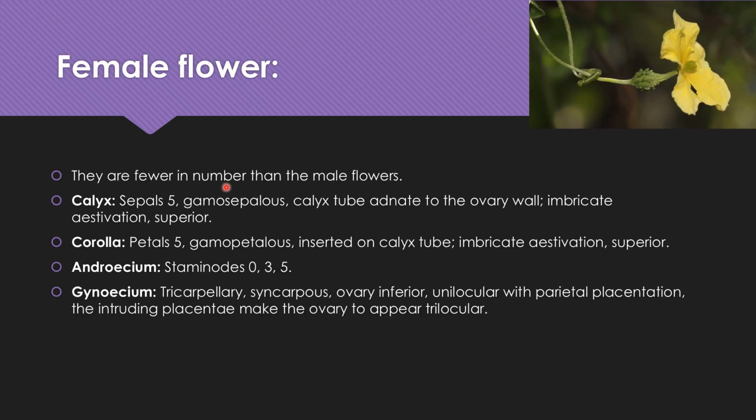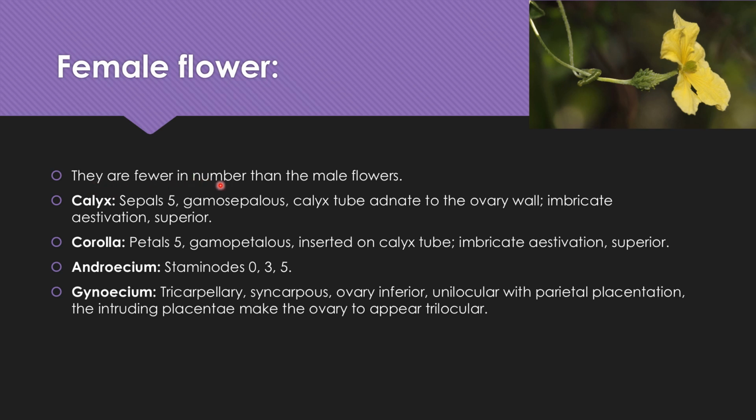Female flowers are fewer in number than the male flowers. What is the reason behind this? The reason is that there are chances of loss in male flowers, as stamens and pollen grains can be lost before reaching the stigma.